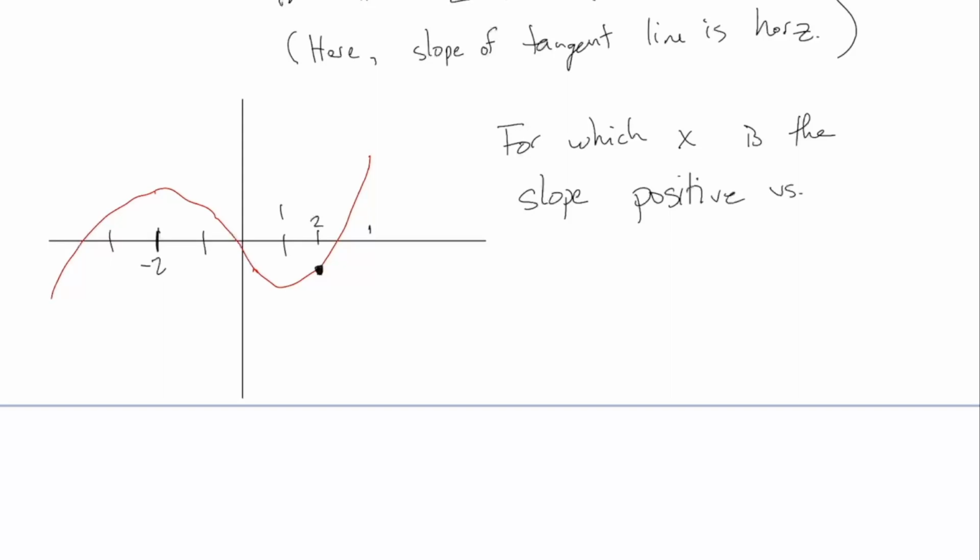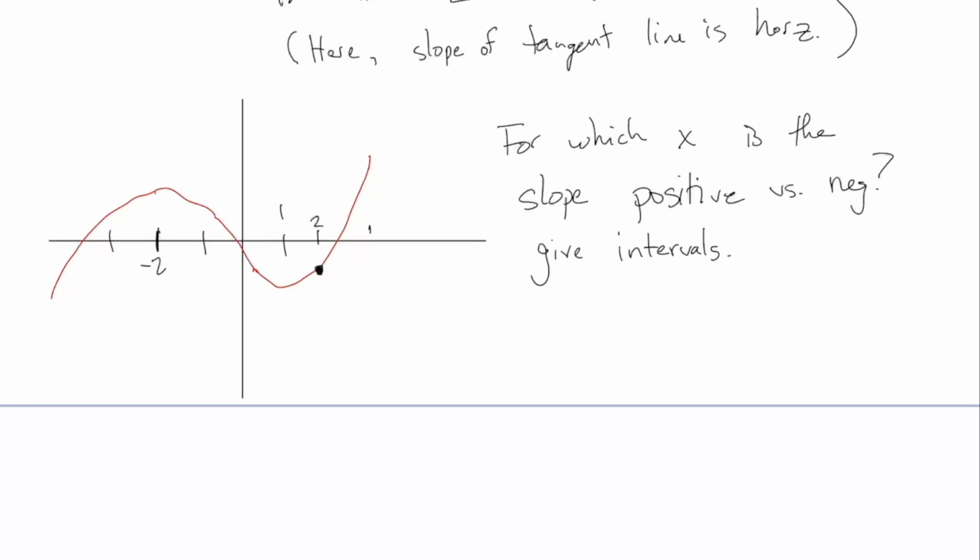Positive. And I want to give my answer in terms of intervals, because your answer is going to be something like, well, it's positive from here to here, and it's negative from here to here. So let's write the answer as intervals.